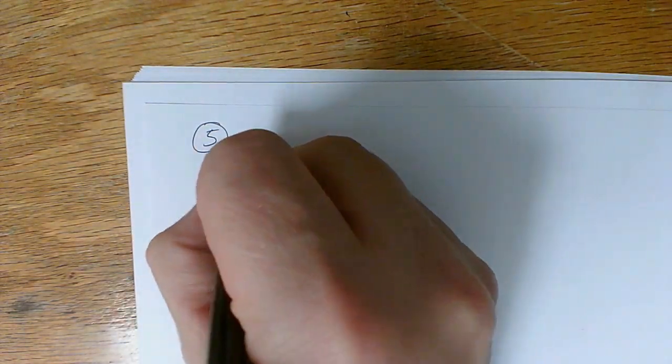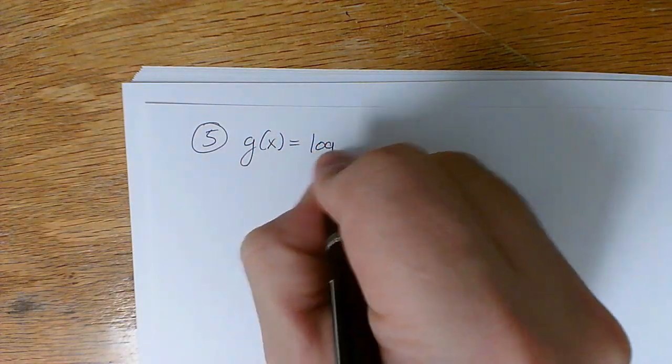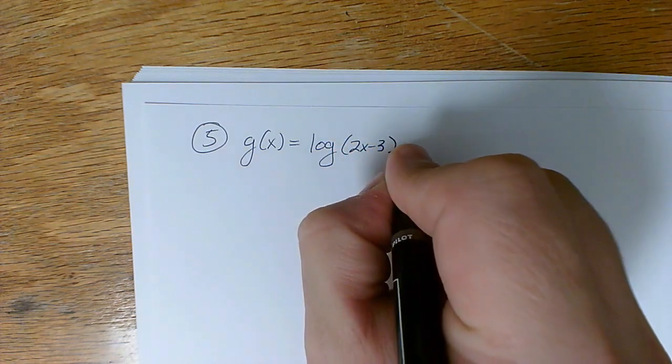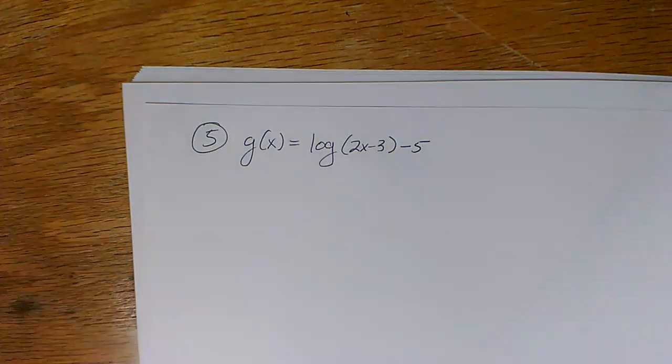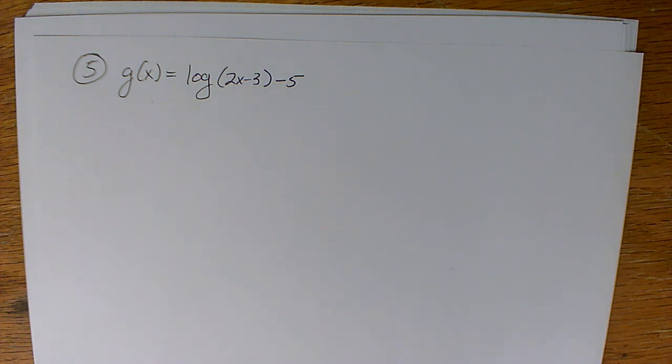So for question number 5, we're going to start off with g of x is equal to log of 2x minus 3 minus 5. At least you don't have to deal with restrictions on inverses.